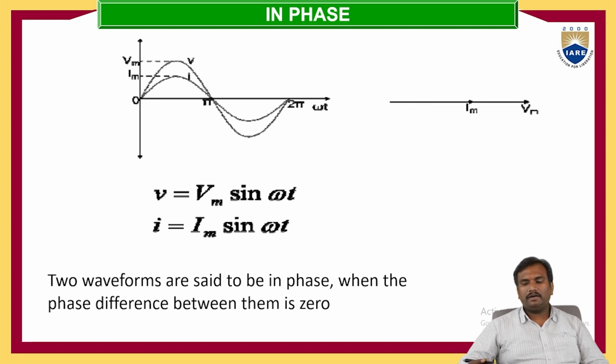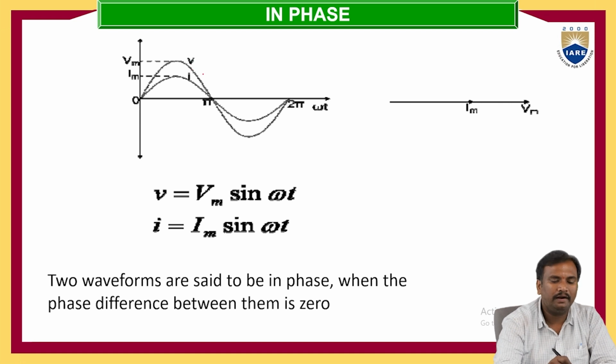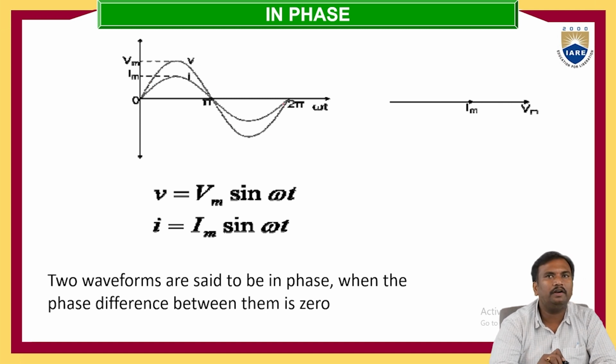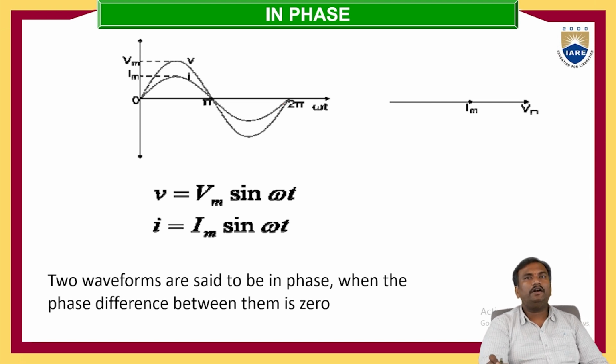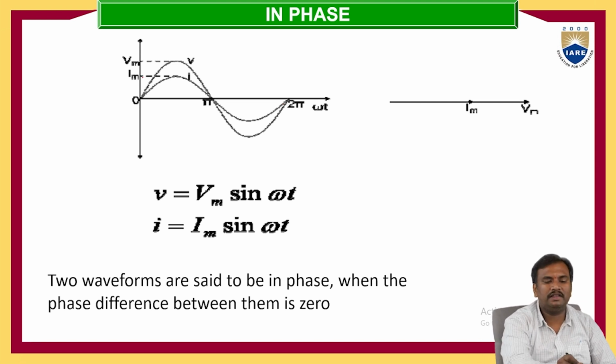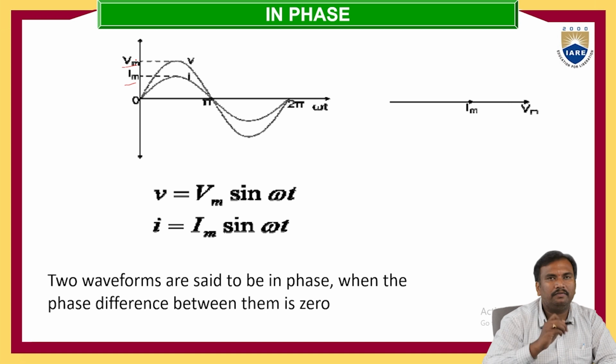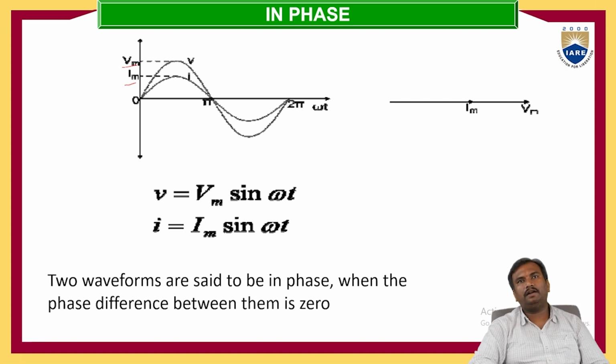We are comparing the two waveforms corresponding to voltage and current, which start at the same point and end at the same point in both positive and negative half cycles, with a change in the magnitude, that is Im and Vm.